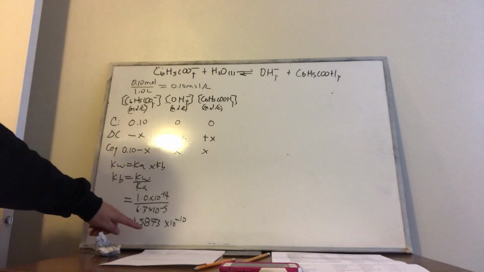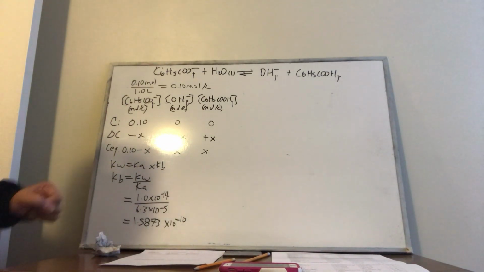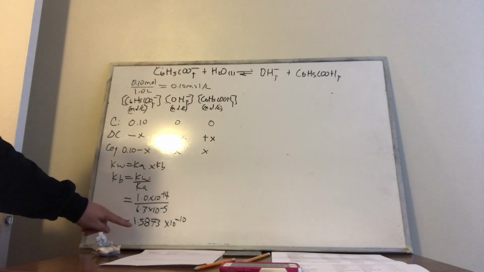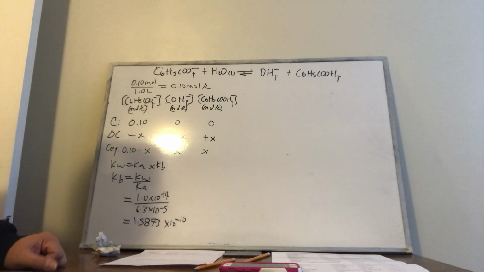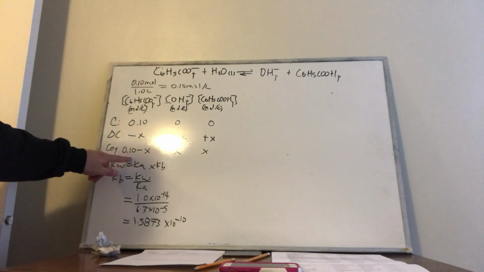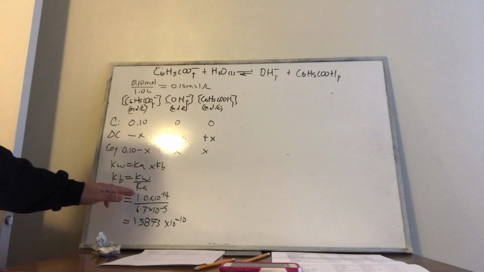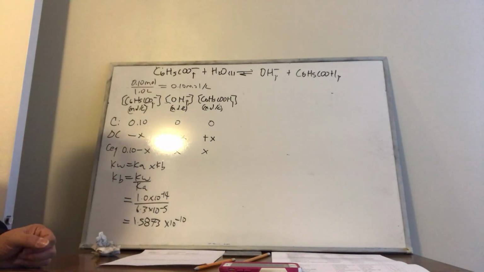And again, I've kept extra digits. I could just call it 1.6 and keep the real number in my calculator, which I will do when I do my calculations. But this is the actual number that I got on my calculator, so I wrote that down. You can go ahead and write 1.6 because we have two significant digits, and our Kb will be two significant digits because the Ka is, and the amount of water was. So therefore, we're going to end up with two sig digs.